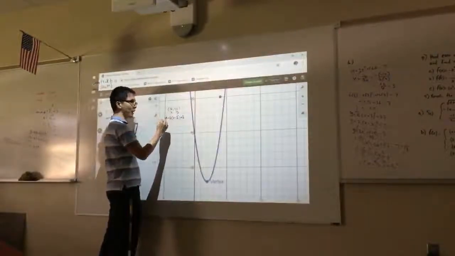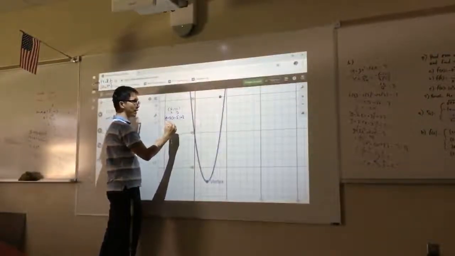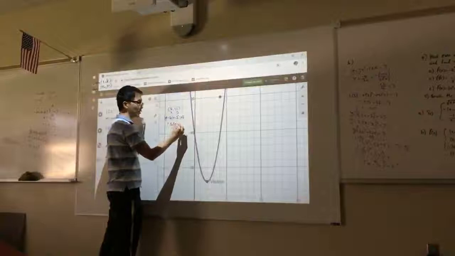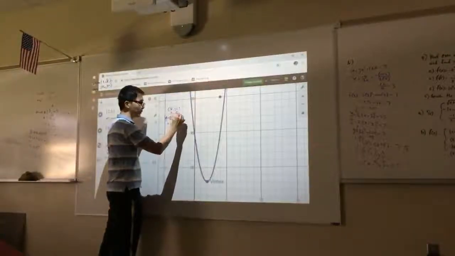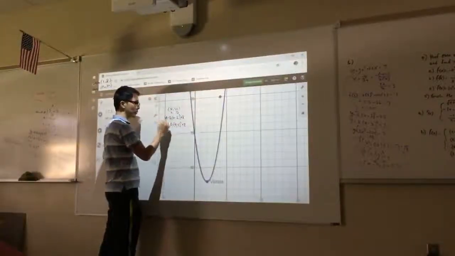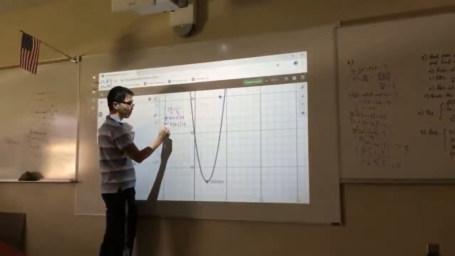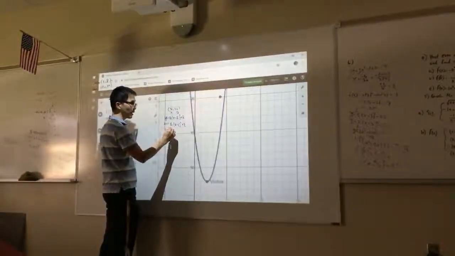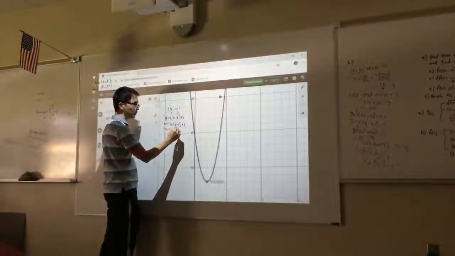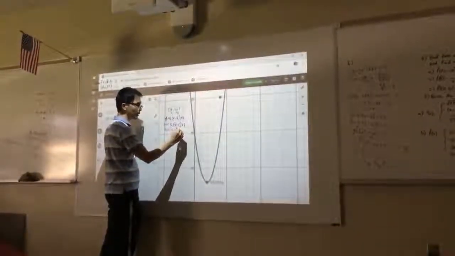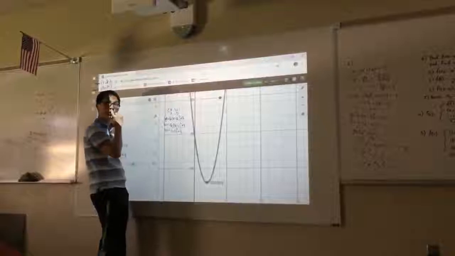We can plug in the x value, so A times (4 minus 2) squared plus 8 is equal to 20. Then 20 is equal to A times 2 squared plus 8. Am I going too fast?